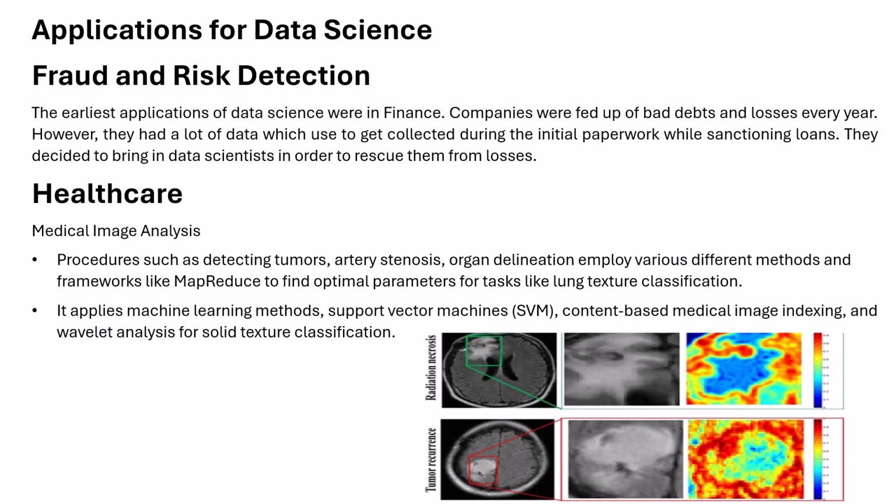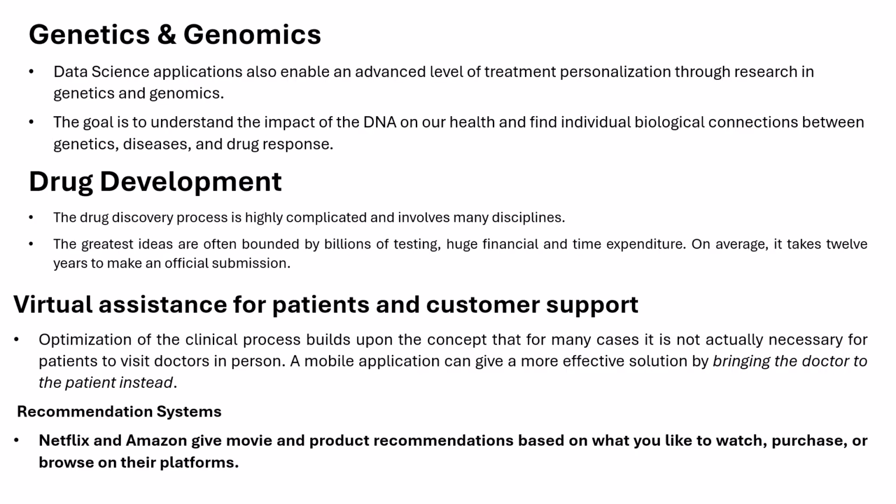In healthcare, medical image analysis procedures such as detecting tumors, arteries, and organ delineation employ various methods and frameworks like MapReduce to find optimal parameters for tasks like lung texture classification. It applies machine learning methods such as support vector machine, content-based medical image indexing, and wavelet analysis for solid texture classification.